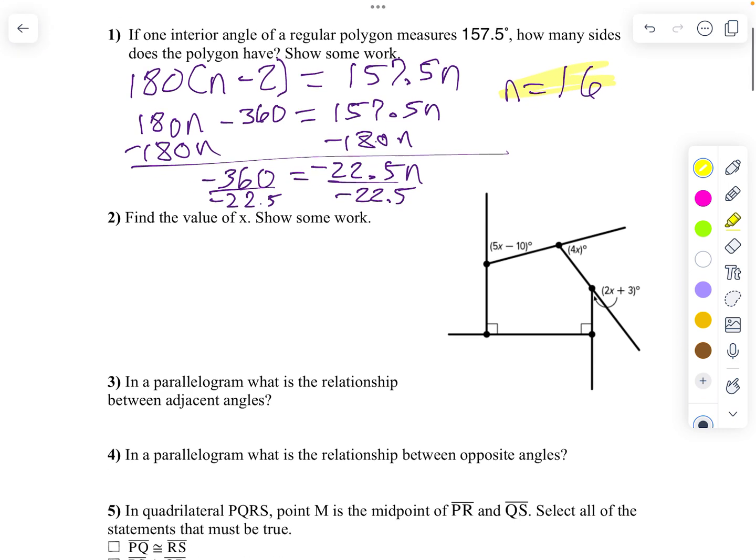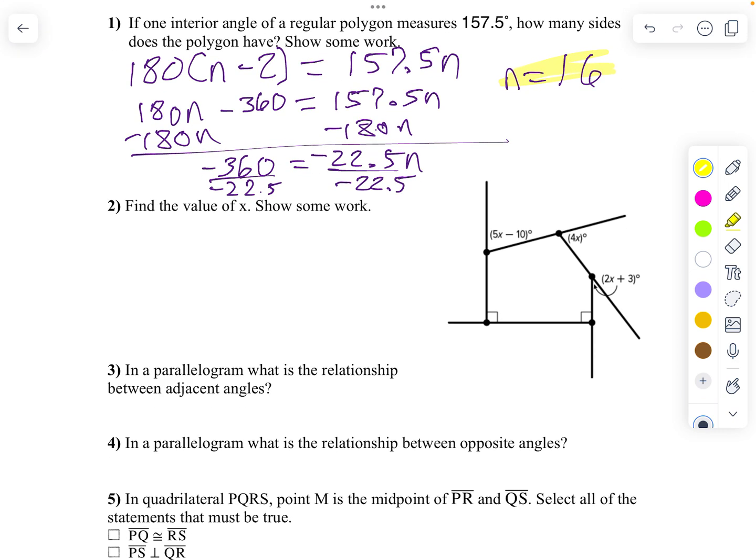Now on the next one, notice we have exterior angles. Well, my exterior angles, notice I got these two 90 degrees on the outside. I know they sum to 360, no matter how many sides they have. Let's add up our x's. Well, if we add up our x's, we know 5 plus 4 is 9, plus 2 is 11.